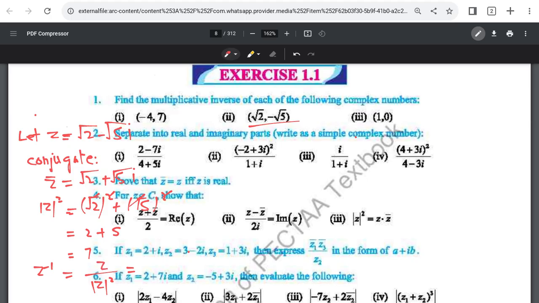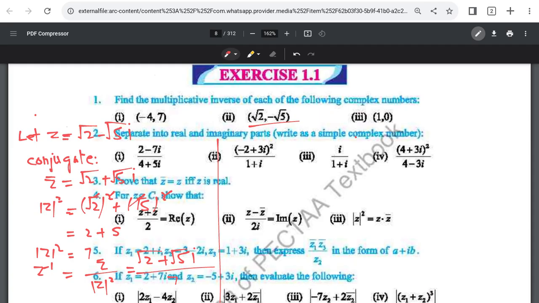So here the value of z modulus square is 7 and the value of z bar, the z conjugate, is 2 square root plus 5 square root iota over 7.